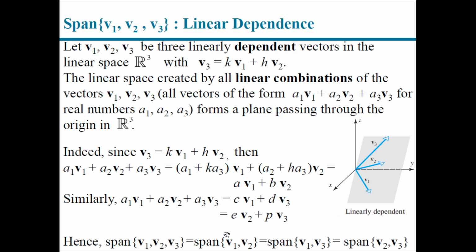And they are still independent. 7v1 and v2 are still independent. So I can multiply v1 by any number different from 0, I'll get another vector, and keep v2. I'll have different bases each time, but the same space at the end.